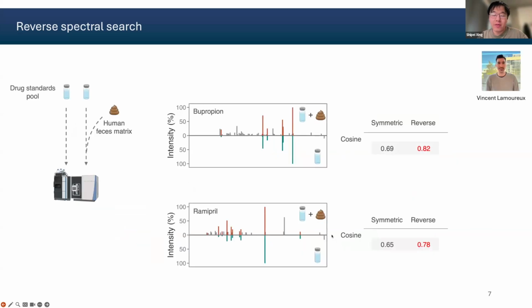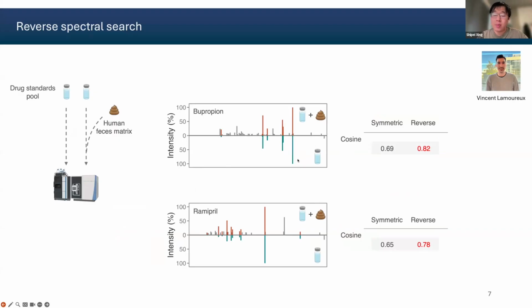Here is a bit more information about reverse spectral search. It was actually used for resolving chimeric spectra. My colleague Vincent collected data of drug standards with and without a plasma matrix, and here are two example annotations of two drug molecules.